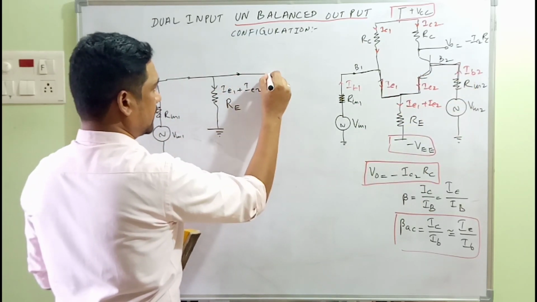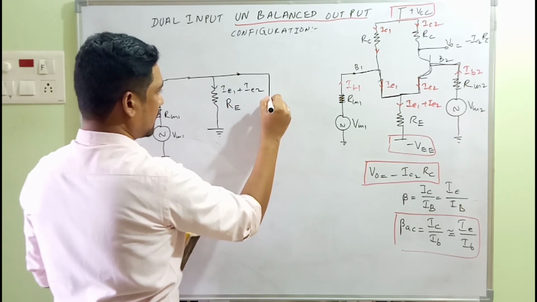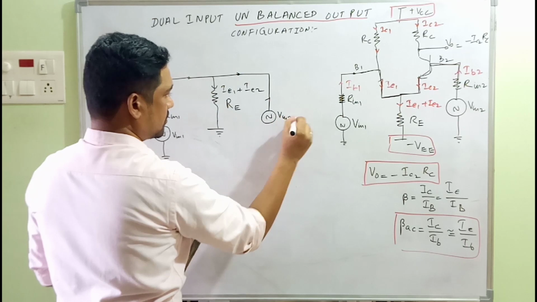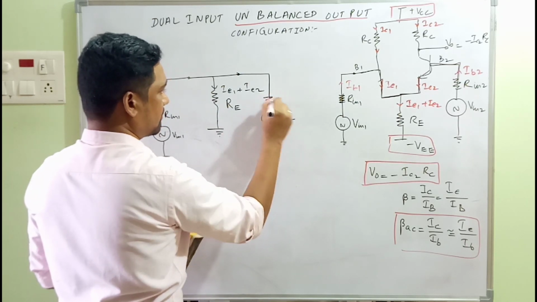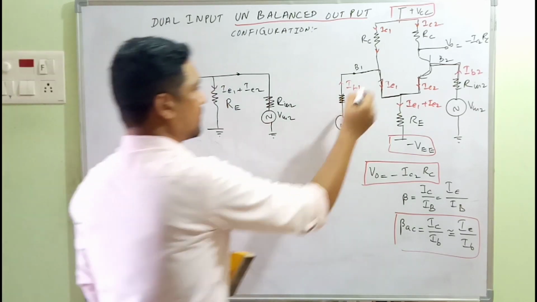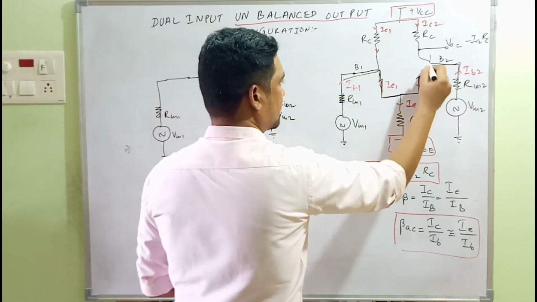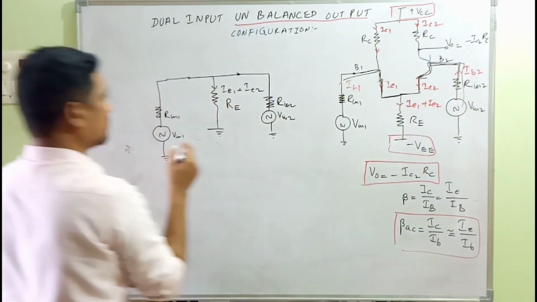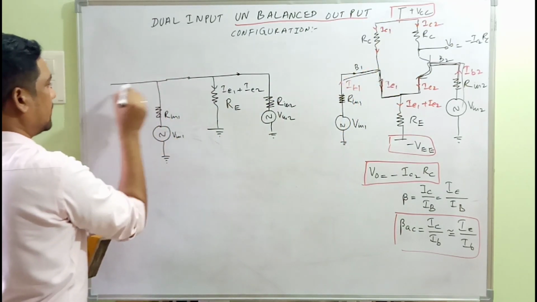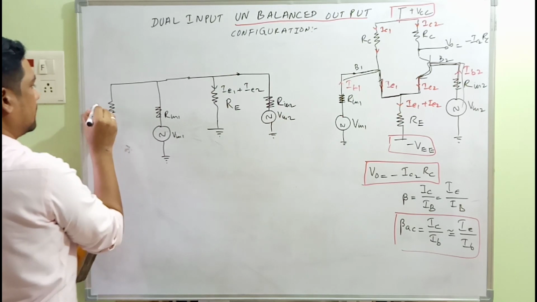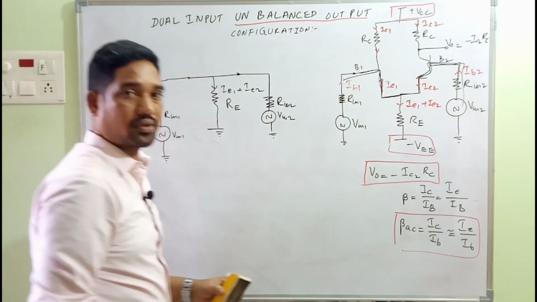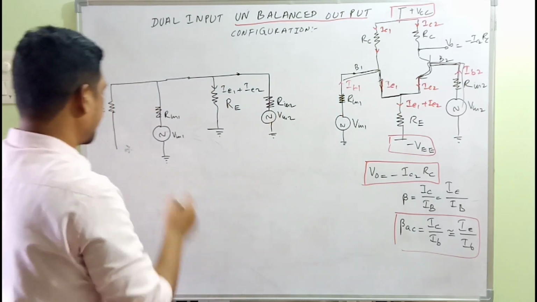Here it's the second source V in 2 grounded, and internal resistance R in 2. And we are done with this one. What about this one? Continuing with this, here it's RC connected to plus VCC. It's a DC that has to be grounded here.